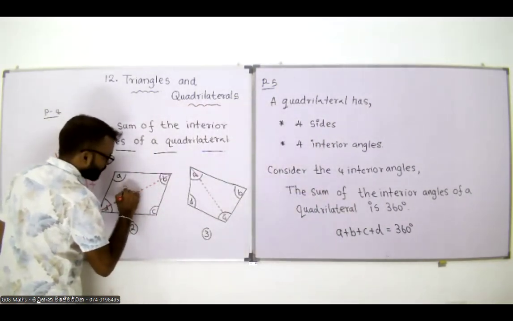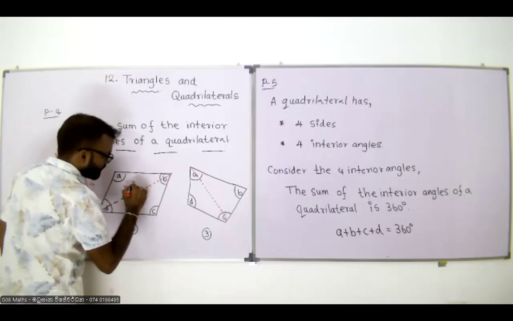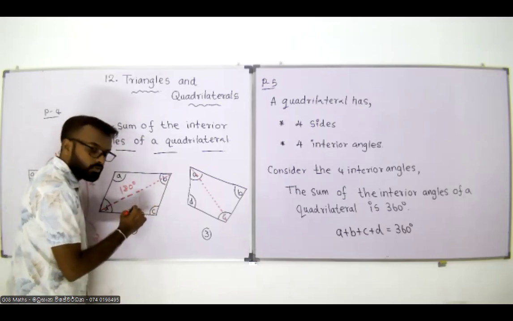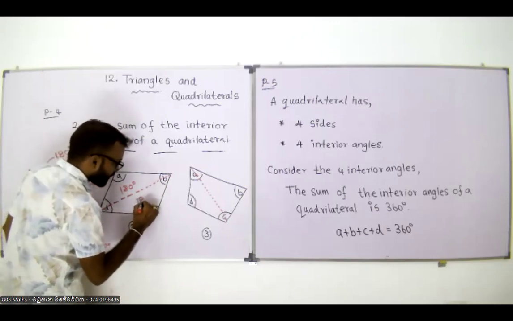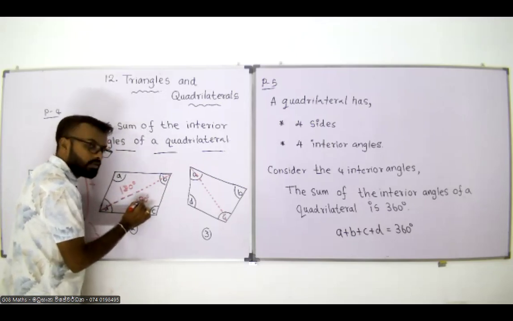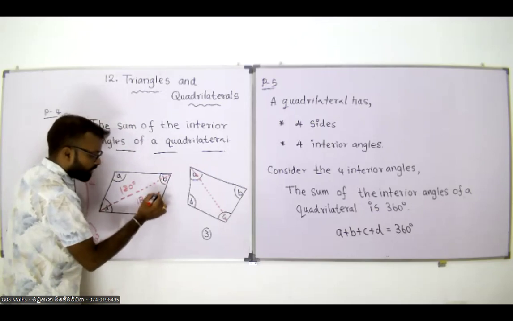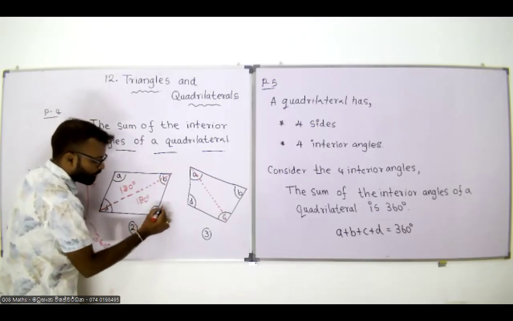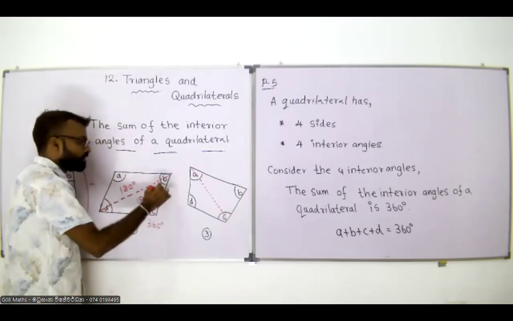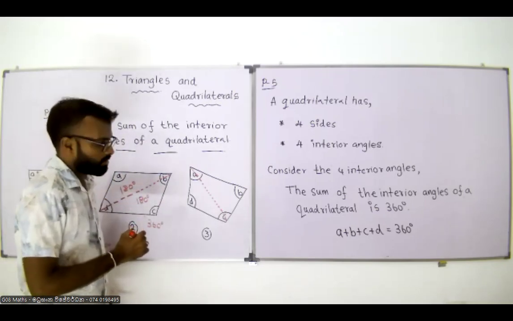This is 180. Similarly, the bottom triangle also gives you 180 degrees. 180 plus 180 is 360. So we can conclude that the summation of the interior angles of a quadrilateral is equal to 360 degrees.